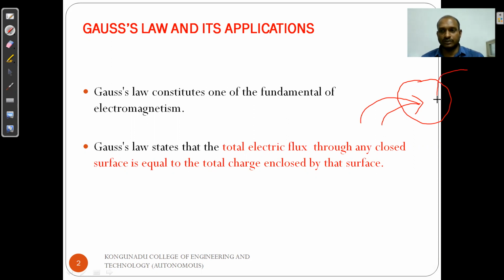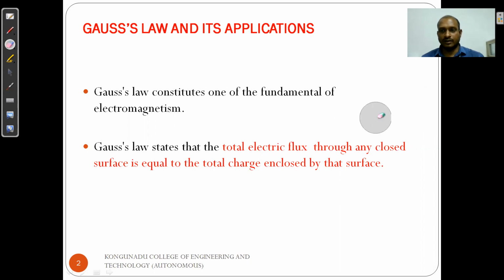Suppose a charge Q is enclosed by the surface; then the electric flux psi is equal to the total charge enclosed. So psi is equal to Q. This is called Gauss law.